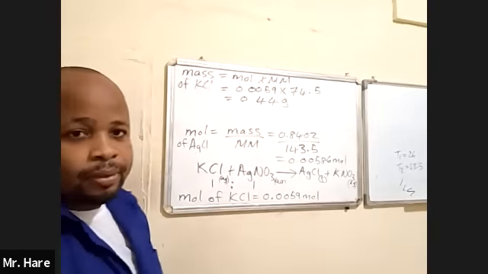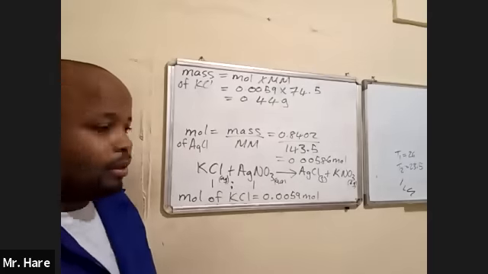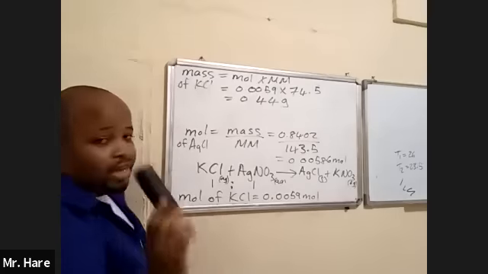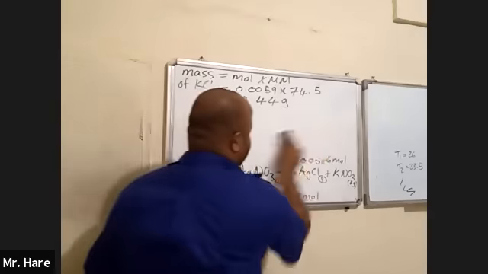So what was the mass of the sample? It was originally 0.450. But the actual amount of KCl is 0.44.